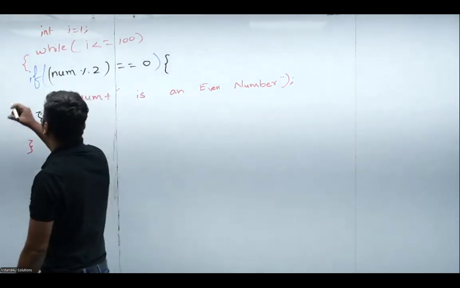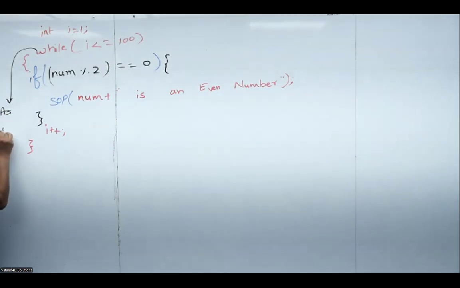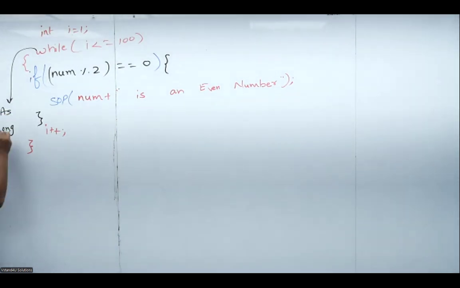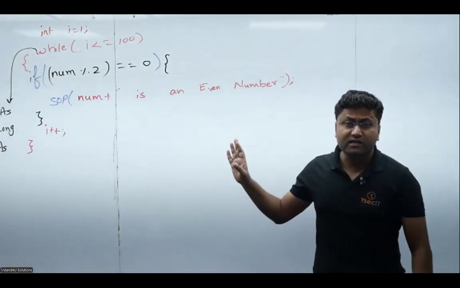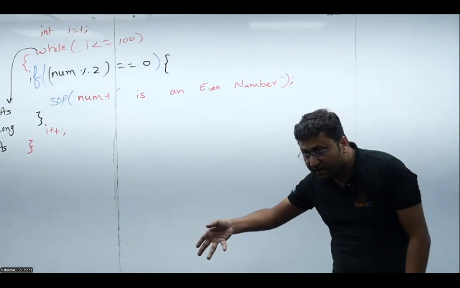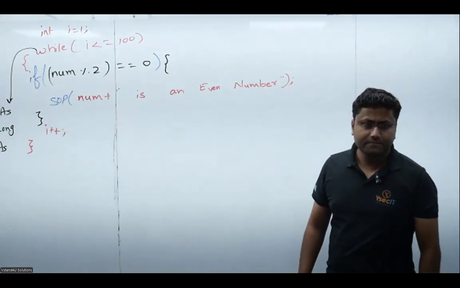I usually prefer to call while: as long as this condition is true, keep doing this. Can this be done by each one of you? Either while or for, both easily.